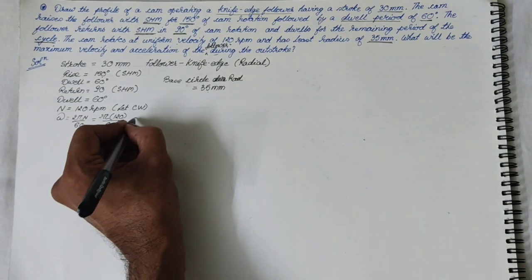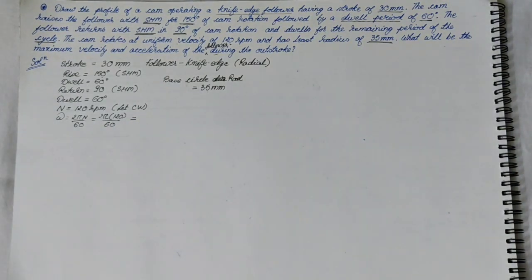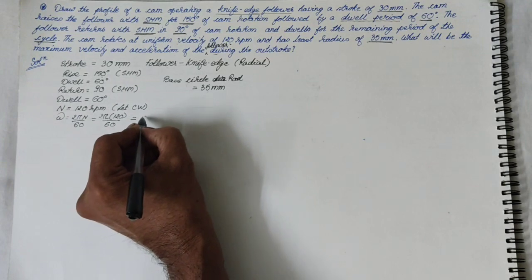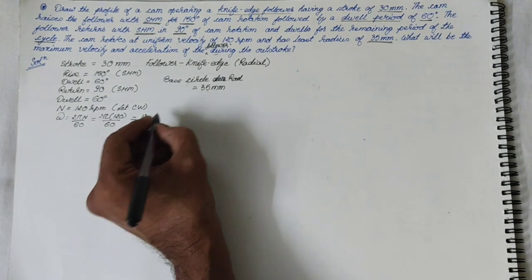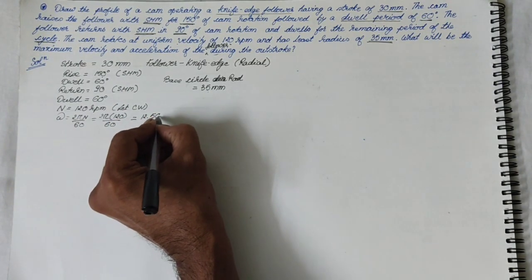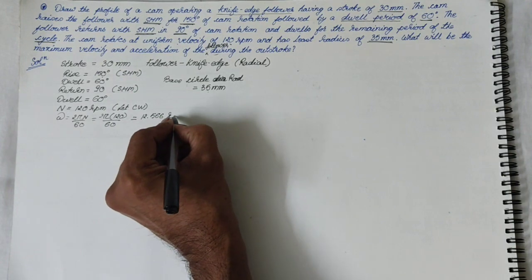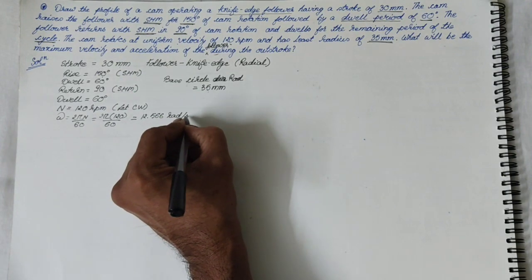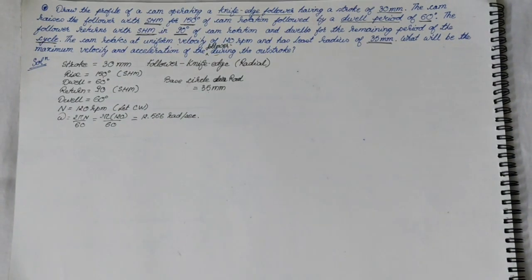So when we calculate, we get this value as 12.566 radians per second.